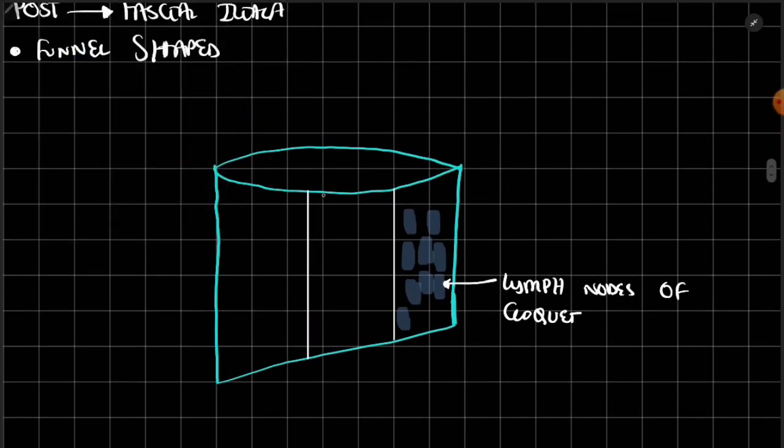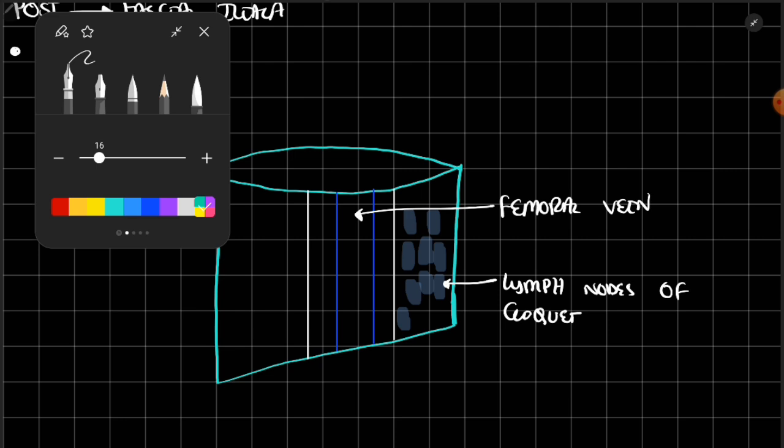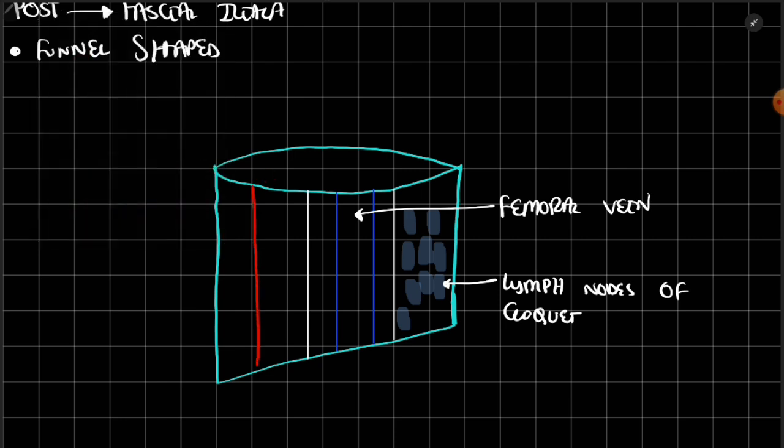So let me draw the femoral vein too. So this is the femoral vein, and the lateral most compartment consisted of the femoral artery. Yes, you saw in that figure.